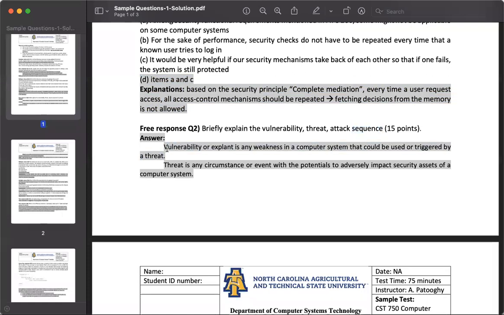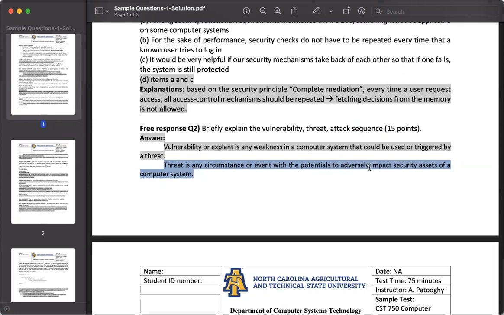So a vulnerability by its own is not a danger. It might be used in developing some threat. A threat is any circumstance or event with the potential to adversely impact security aspects of your computer system. So an attacker or hacker takes some vulnerabilities or exploits and defines a situation that might potentially be used to impact confidentiality, integrity, or whatever.